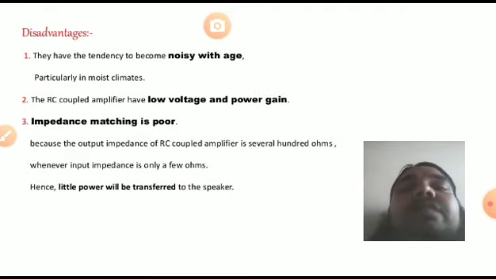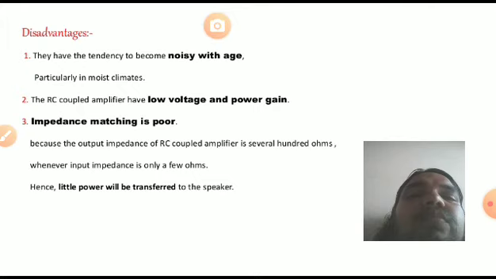Disadvantages: they have a tendency to become noisy with age, particularly in moist climates. The RC coupled amplifier has low voltage and power gain.